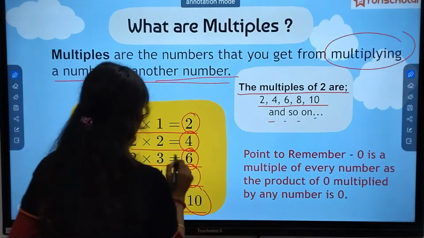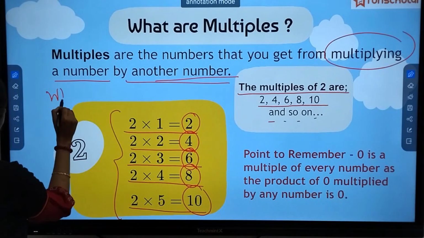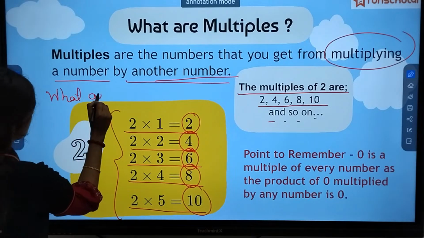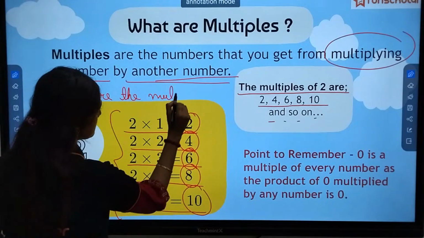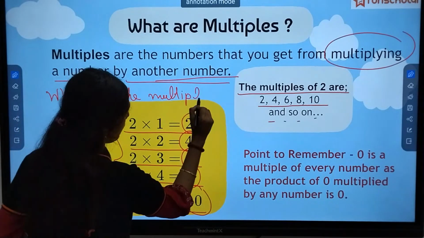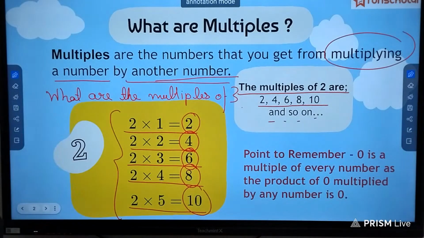Okay. Now, if I take another example and ask you, what are the multiples of 3? What will you answer?